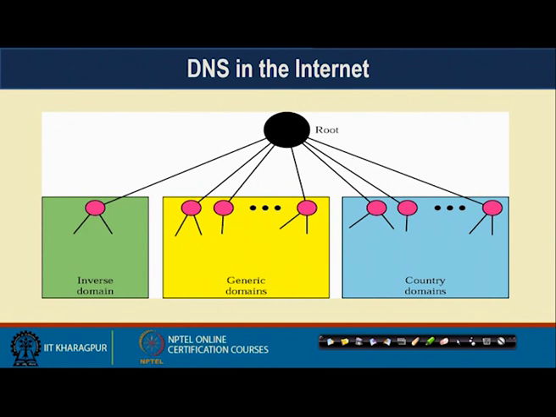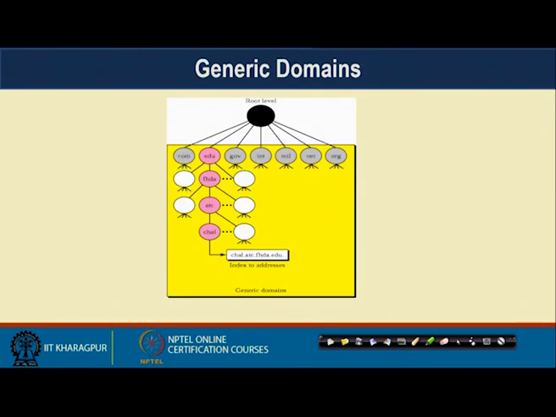These are all domain name to IP. If the inverse is required, IP to domain name, then we have an inverse domain database, or an inverse domain server which does the inverse domain resolution.